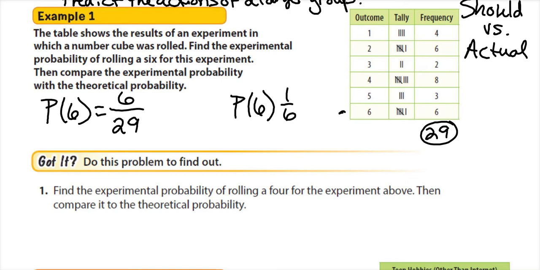So let's take 6 divided by 29, and it's about 21%. And then let's find out what 1/6 is. So 1/6 is about 17%.